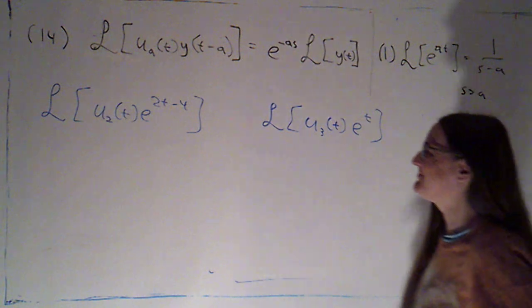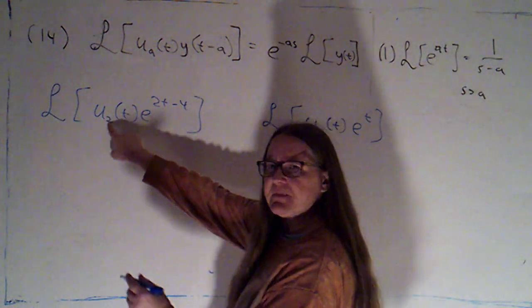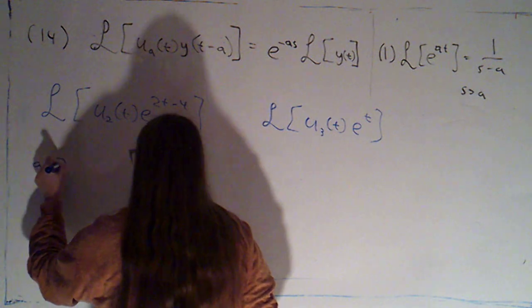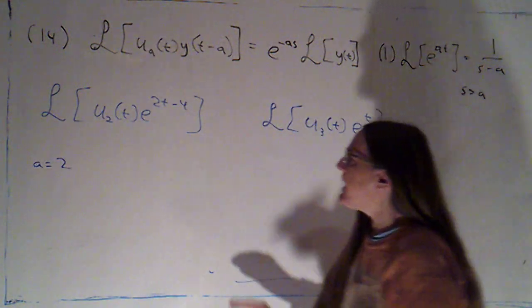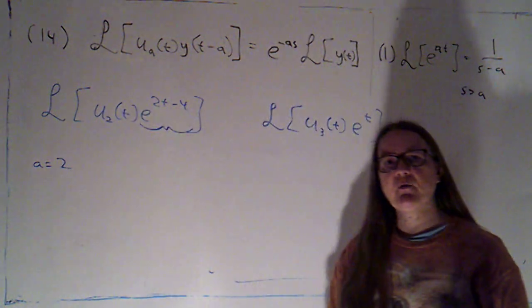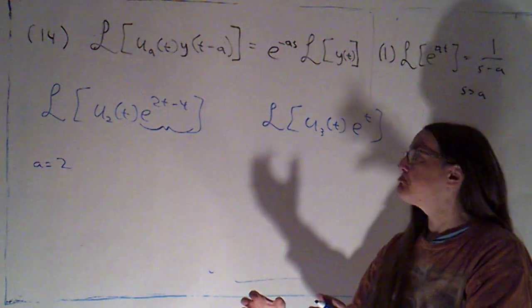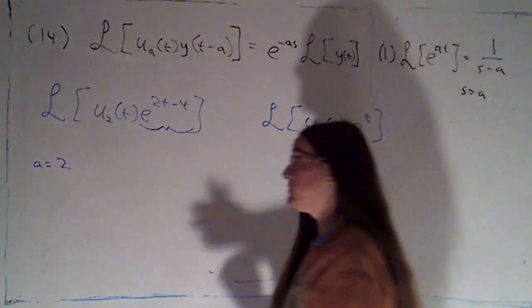Welcome back. Okay. So if I'm looking at this, this tells me that my a is 2. That's the time I'm turning things on. Can't really mess with that. That means that I want this to be a function evaluated at t minus 2. Right now I've got 2t minus 4. Looks like a simple factoring will do that for me.